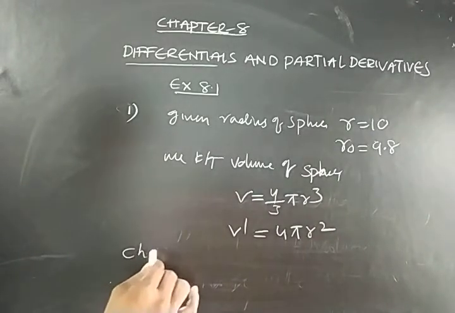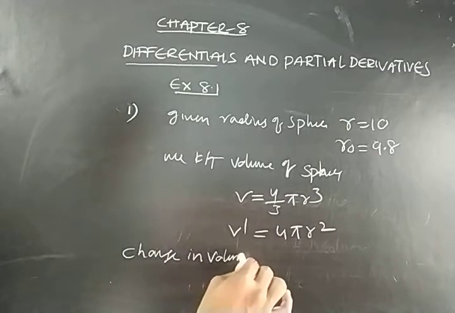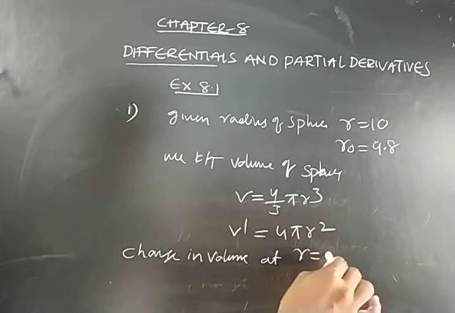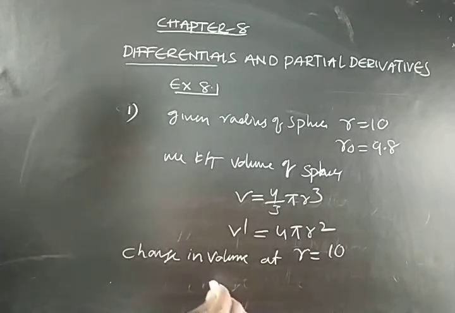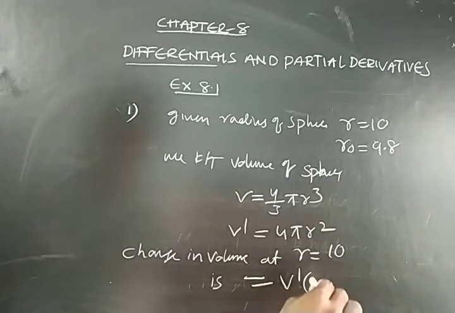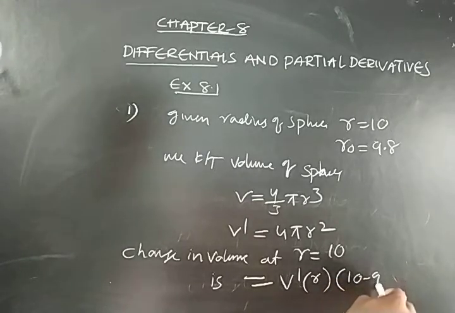So I am going to find the change in volume at r equal to 10, which is equal to v dash of r into 10 minus 9.8.